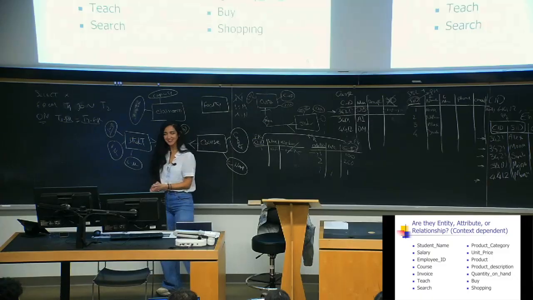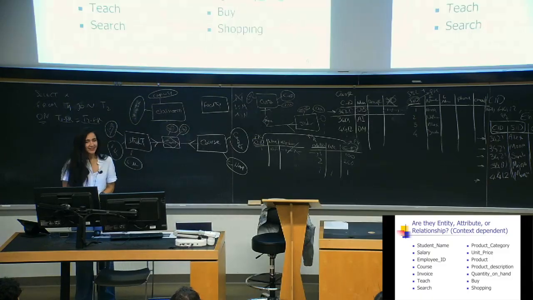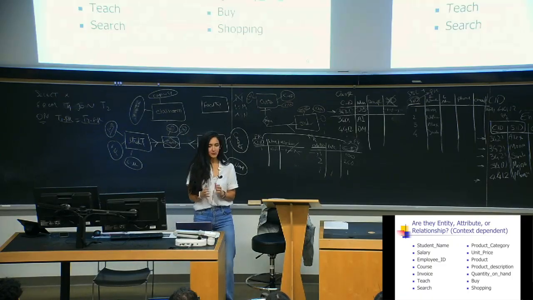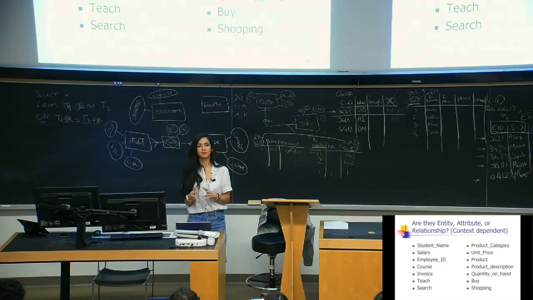So let's say you have an employee table, and we also have a department table. What do you want to store in each table? You can think about all the employees working at York University, for example.